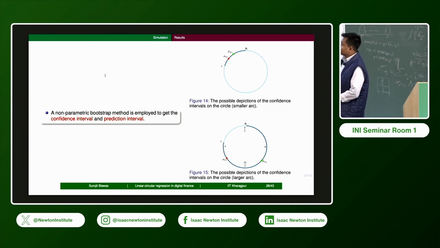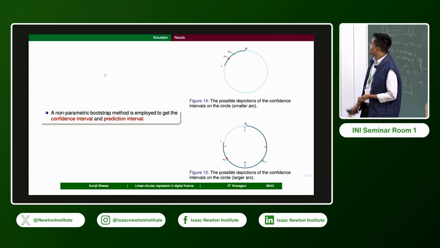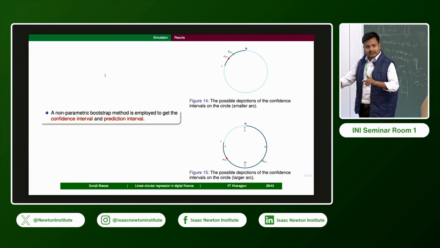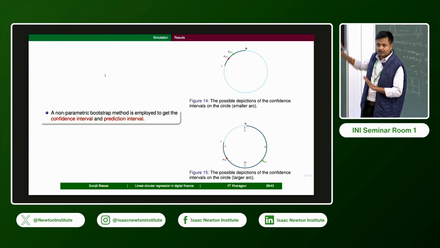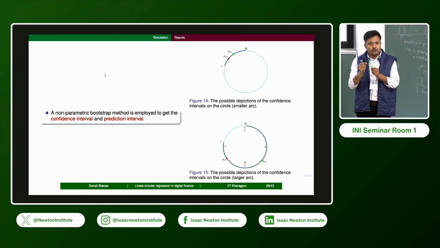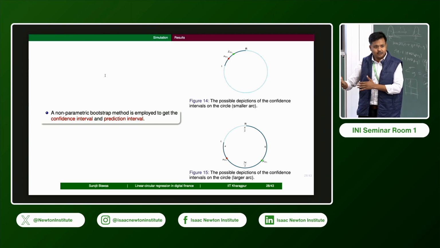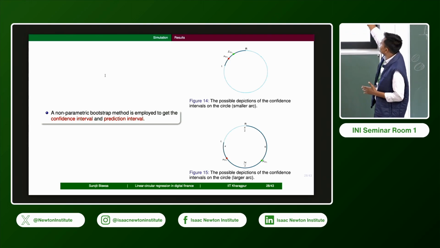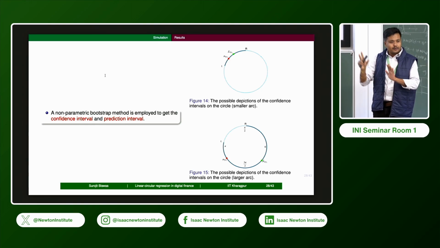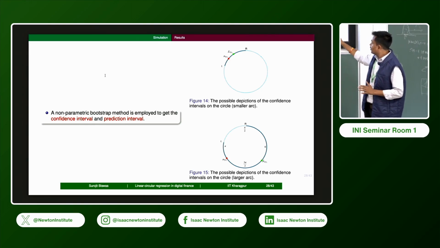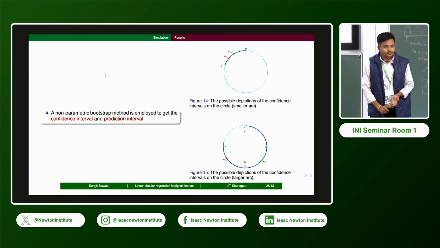Now we have used the non-parametric bootstrap method to derive the confidence interval and prediction interval. Unlike linear data, the confidence interval can be seen in two ways, because 0 and 2 pi are the same on a circle. So you can see figure 14 and figure 15 are both confidence intervals for mu hat, for the true population mu theta j.